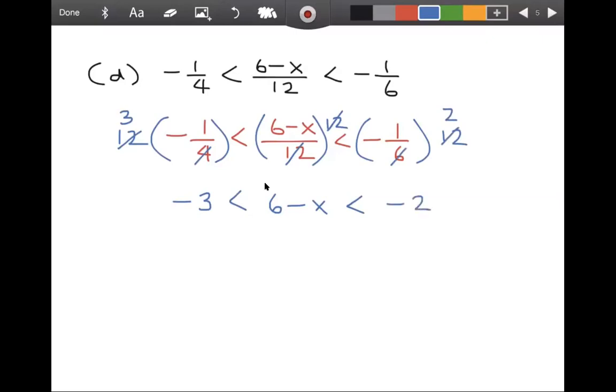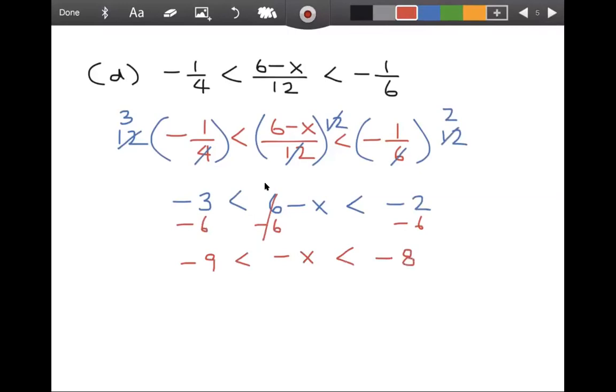All right, so now I'm going to subtract 6 from all 3 parts, which will give me -9 is less than opposite x, that minus is still there, is less than -8.